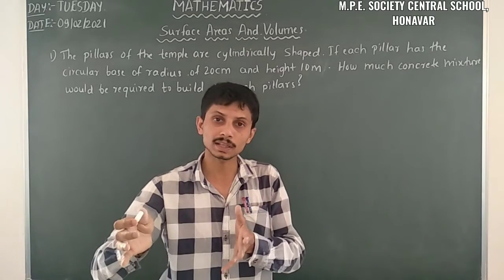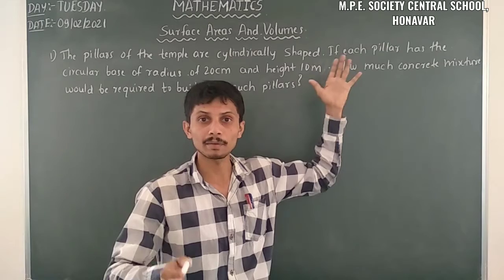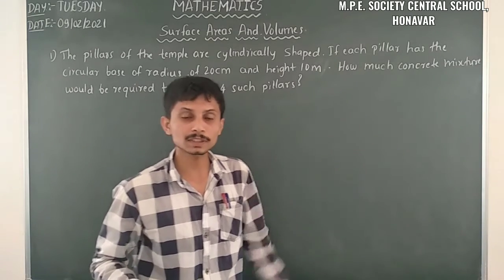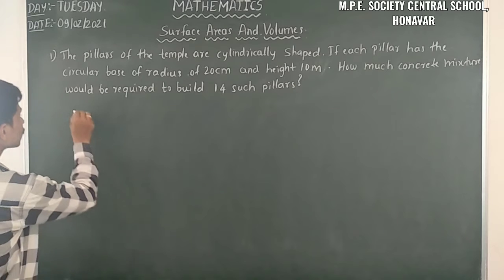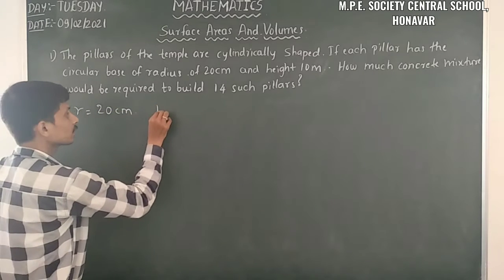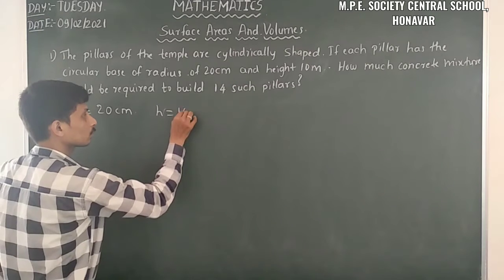All the pillars have the same shape, the same radius and the same height. Firstly we write the given things: radius is 20 centimeter, and the height h is 10 meter.